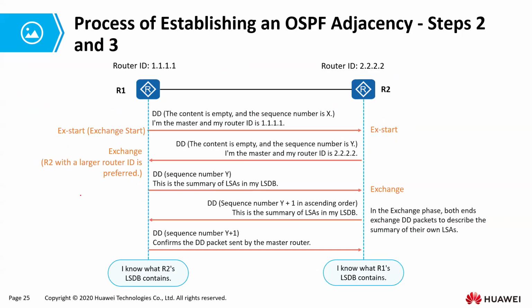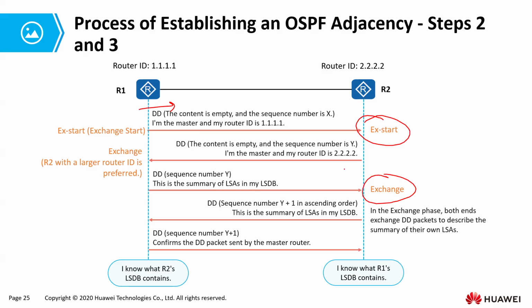We now go to exchange of DDs, exchange of database descriptions. Here the exchange starts from R1. Then the exchange goes from R2.